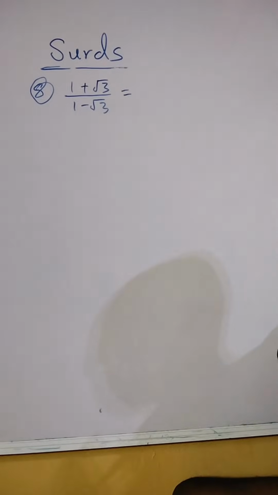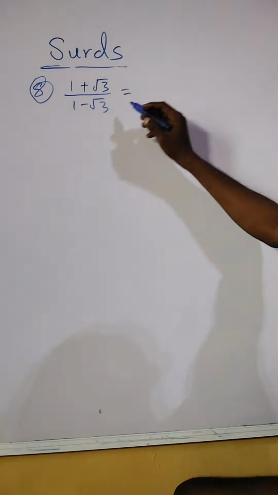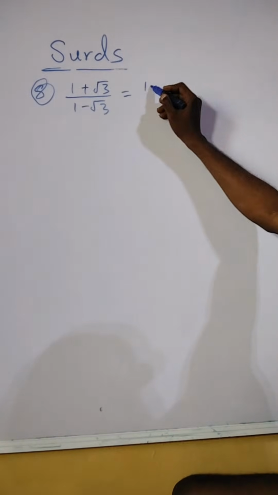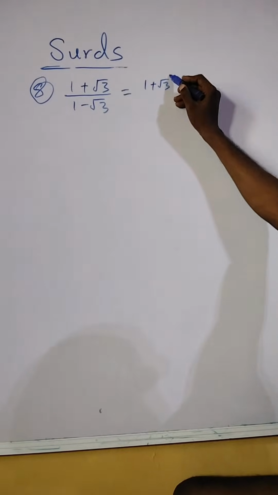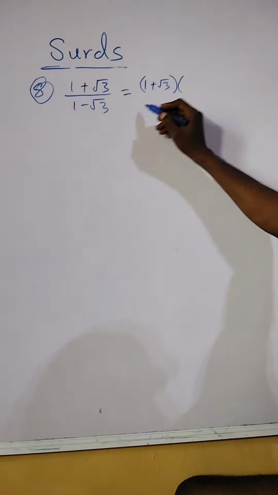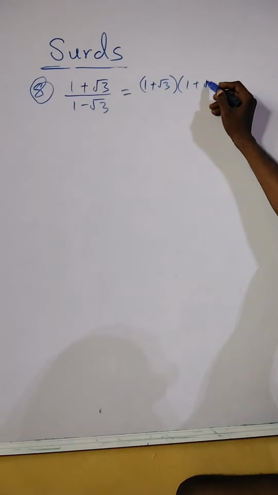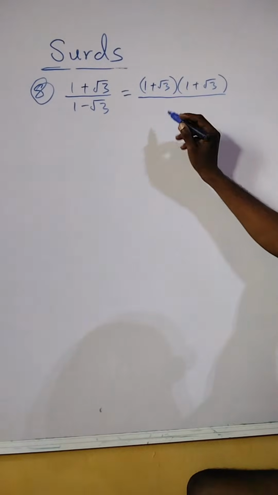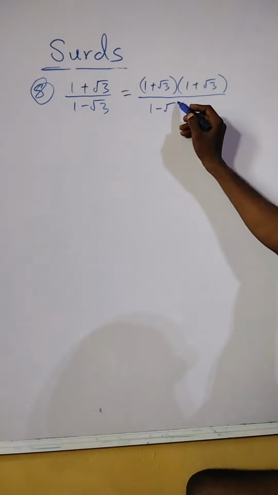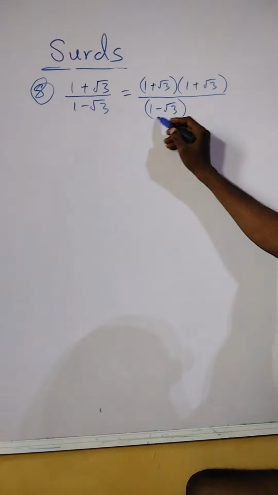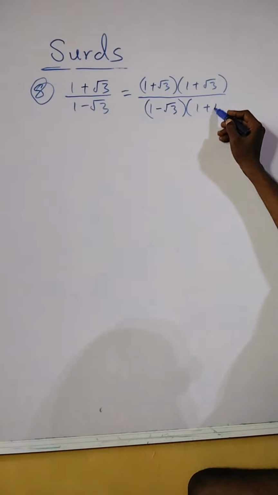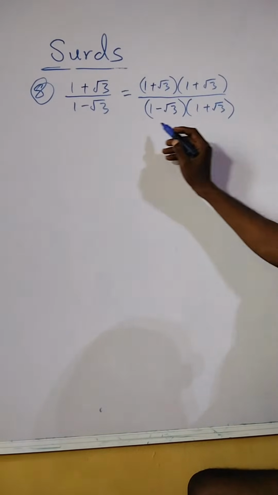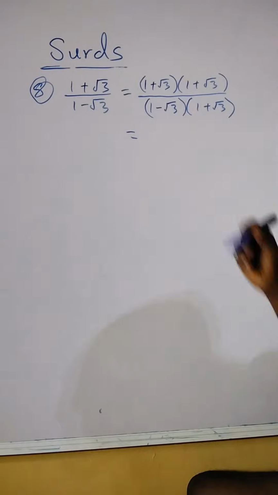Also, when we rationalize this, we multiply and divide by the conjugate of the denominator. Here this becomes 1 plus root 3 multiplied by the conjugate, also 1 plus root 3, then divided by 1 minus root 3 also times 1 plus root 3. Then this becomes, we have the same thing inside this bracket.